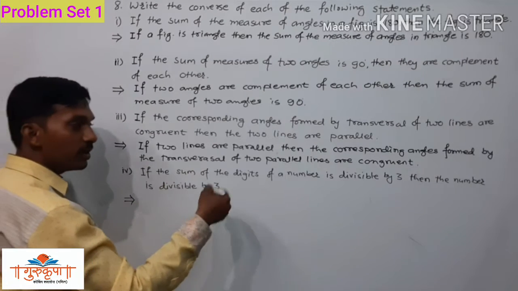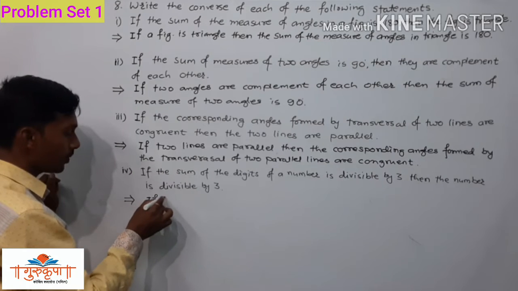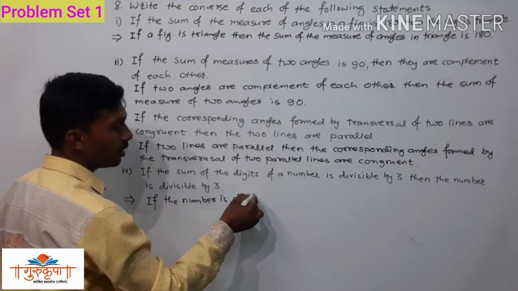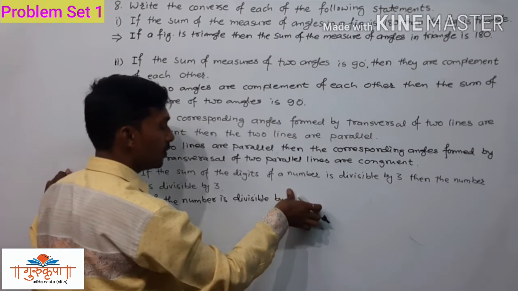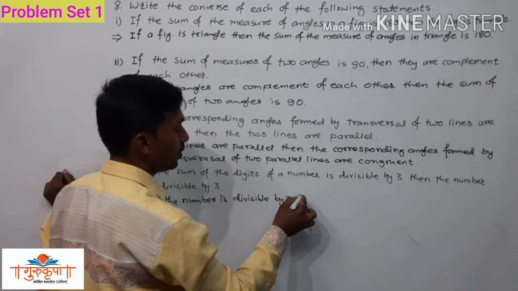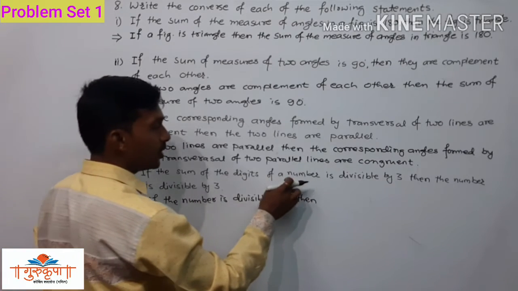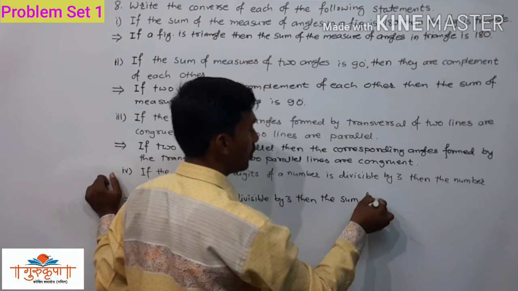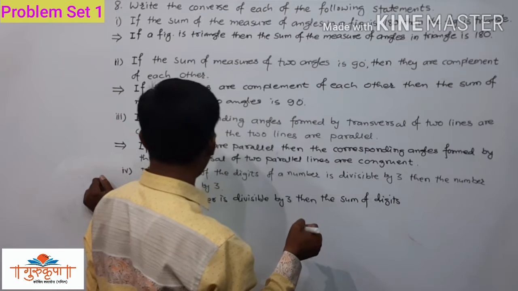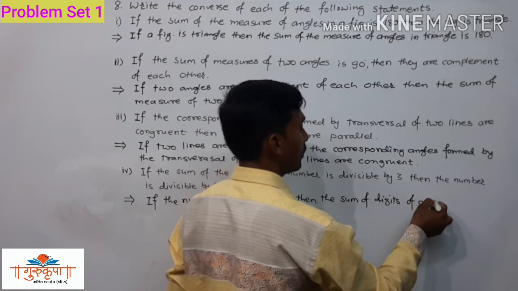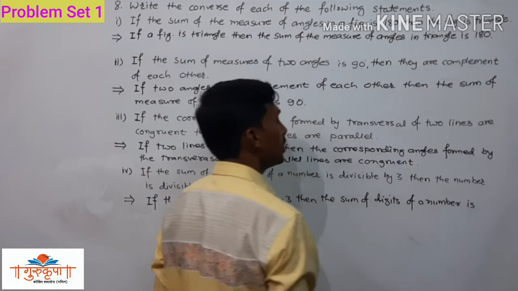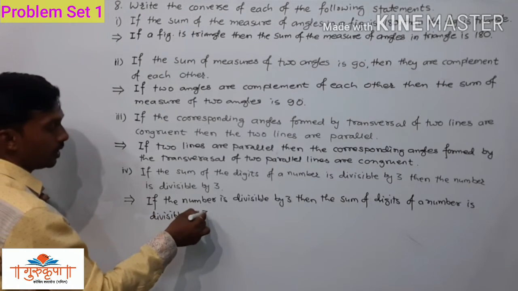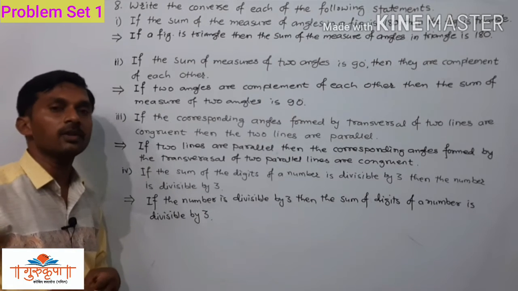So here we can write, if a number is divisible by 3, then the sum of the digits of a number is divisible by 3. So this is all about question number 8.